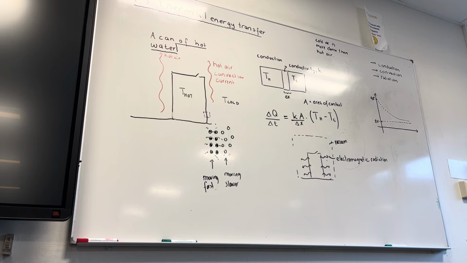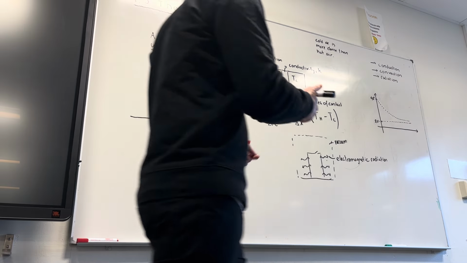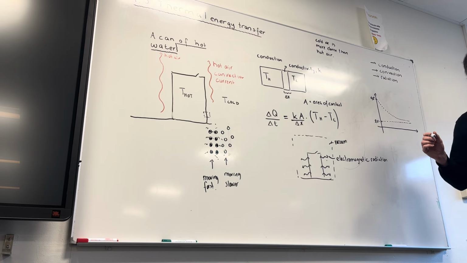So what type of electromagnetic radiation do you think it will be for the can? Is it infrared, I think? Yeah. It will be mainly infrared radiation for the can.